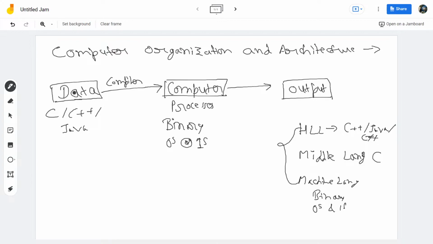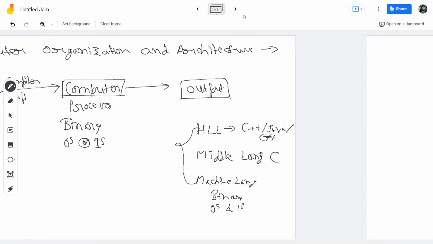So data can be a set of instructions, a video, a photograph, or anything, but the computer processes the data in the format of binary. The voice is converted into a digital signal by some software, and this is the basic organization of a computer.